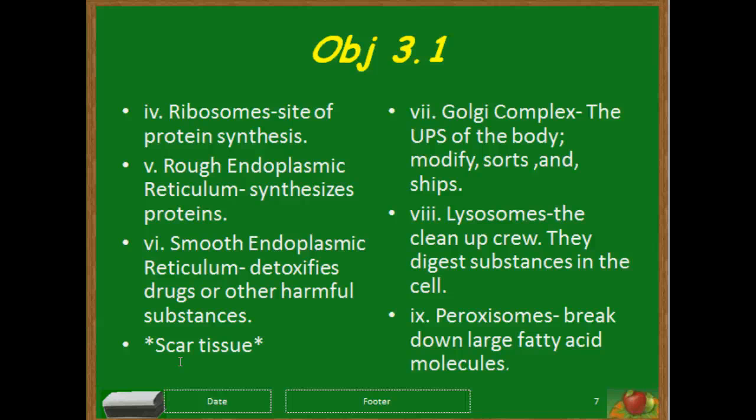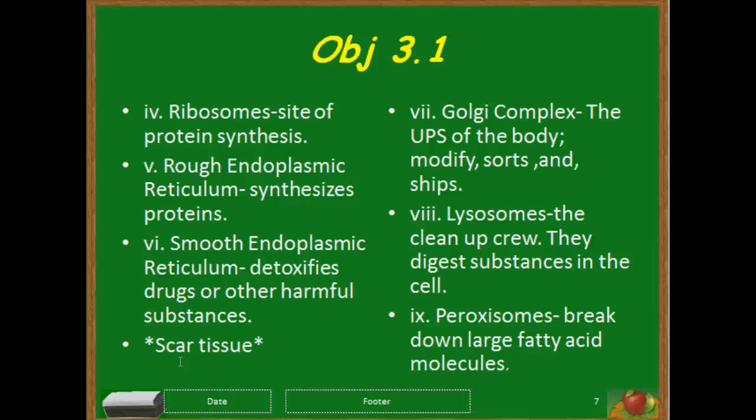But when people continue to drink, it almost burns the smooth endoplasmic reticulum off and causes scar tissue, and the body is no longer able to detoxify at a degree that it was once able to do. So you have that rough scar tissue. I encourage you to look up a picture of a liver that's going through cirrhosis and a normal liver, and you'll see a huge difference.